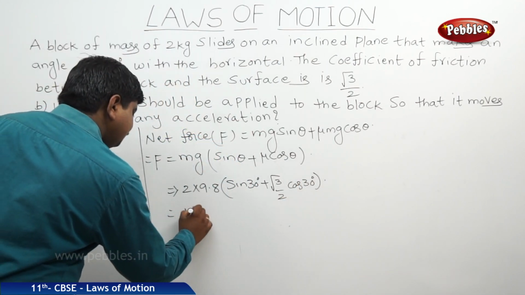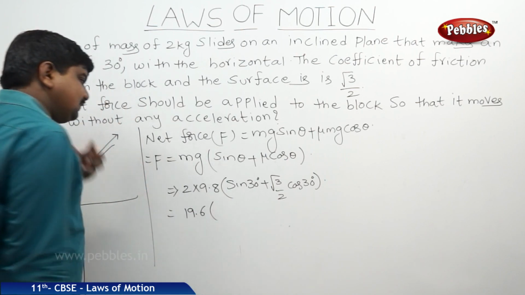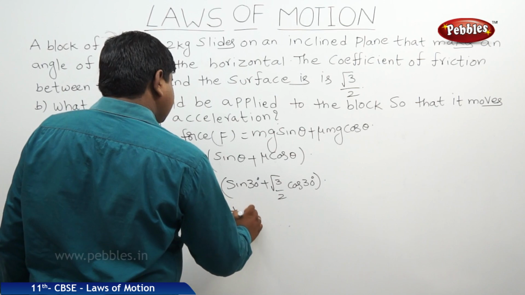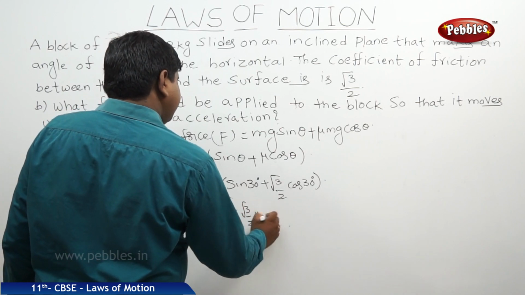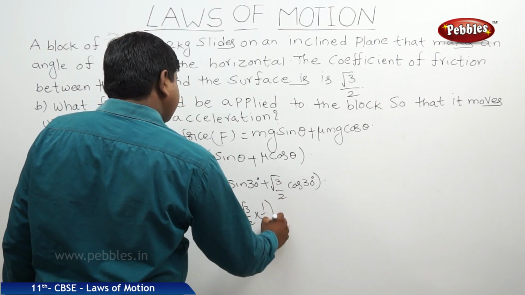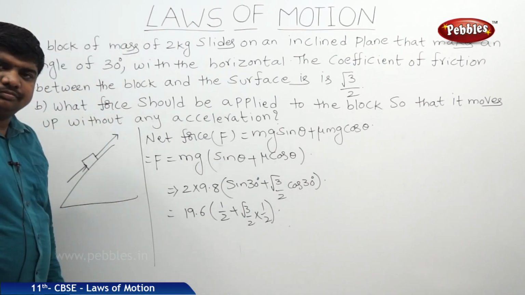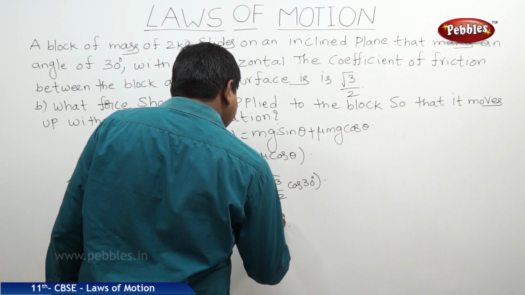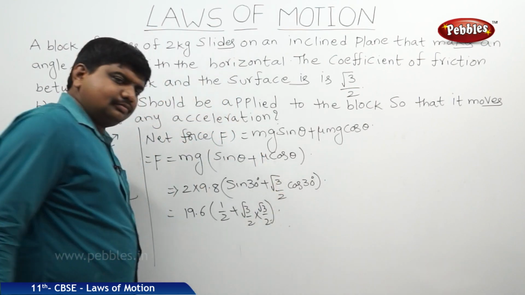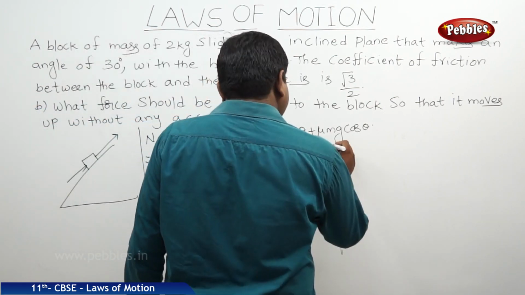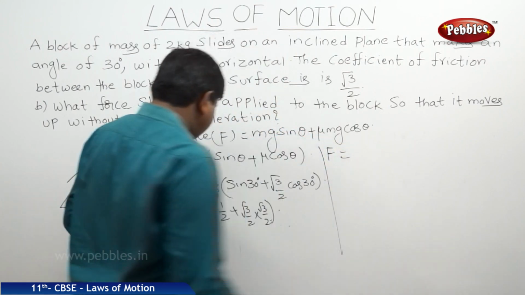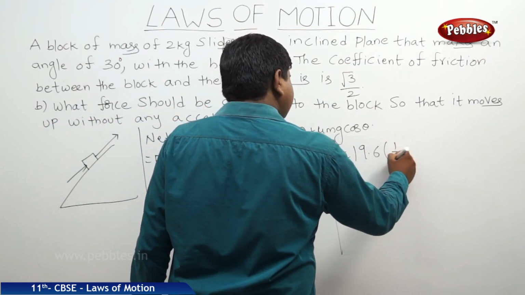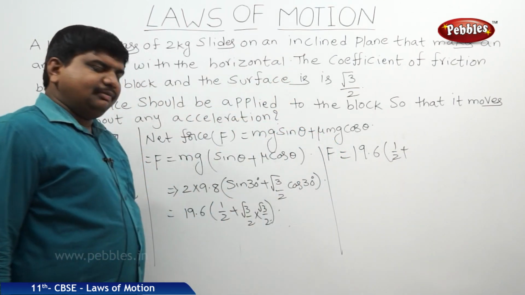So it is 19.6 into, sin 30 is 1 by 2, plus root 3 by 2 into cos 30. Cos 30 is also root 3 by 2. So F is equal to, where 2 into 9.8 is 19.6, into 1 by 2 plus root 3 by 2 into root 3 by 2.